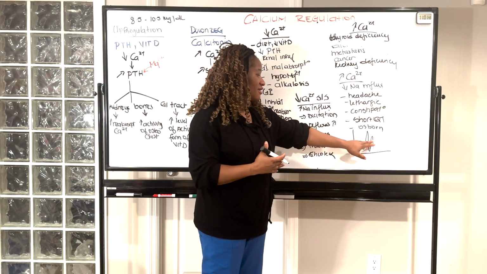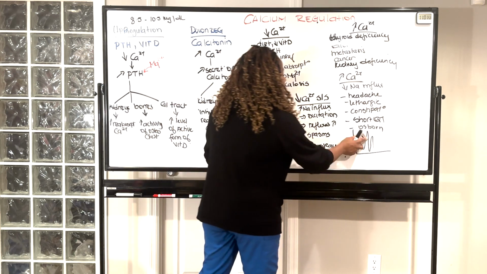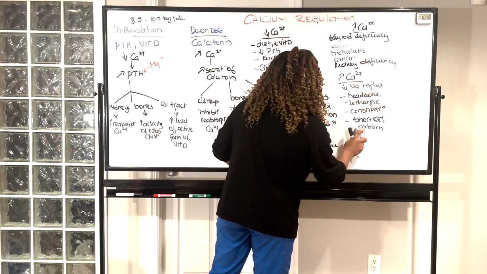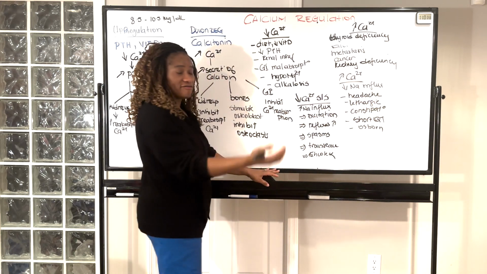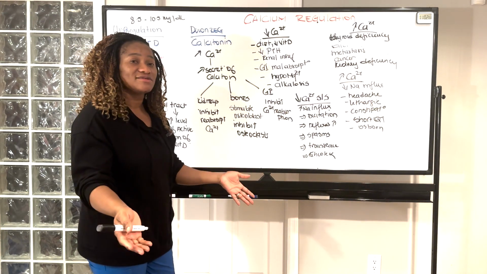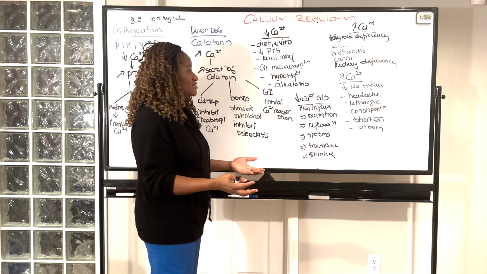And this is a characteristic of a high calcium level that you can see on the EKG. And all this is due to less sodium influx. Everything just slows down, and the membrane is not that sensitive to excitation.